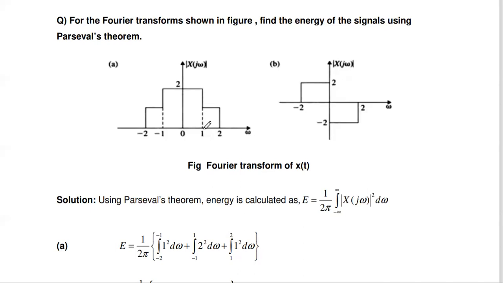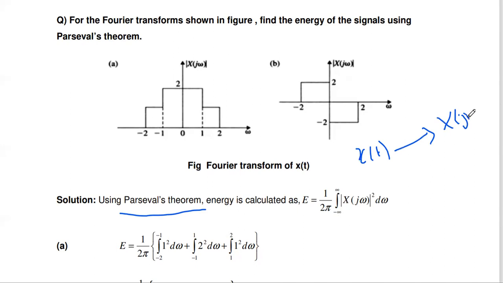So for the first one, according to Parseval's theorem, the energy is calculated in terms of the Fourier transform. The continuous time signal x of t, if we take the Fourier transform, we will get the answer as capital X of j omega.